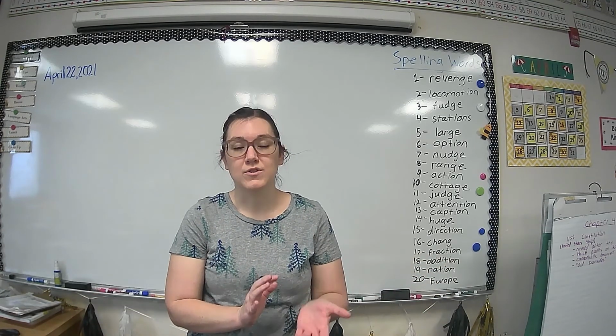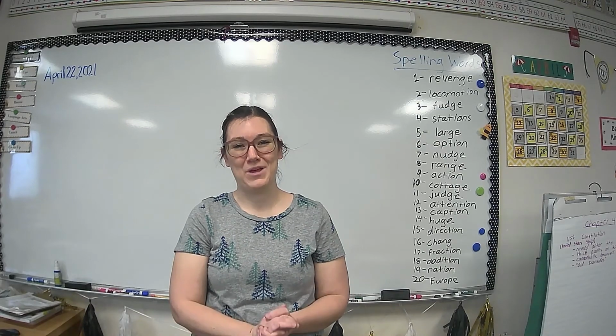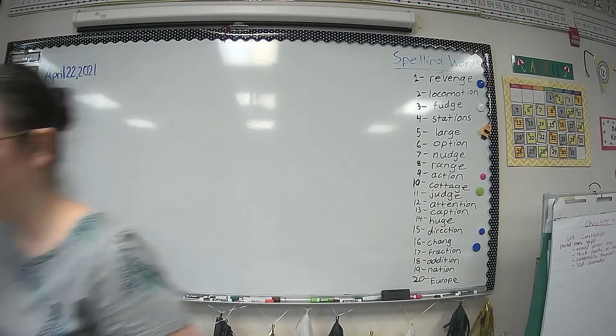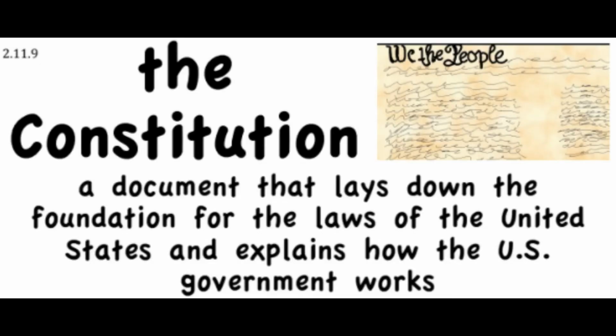Before we get into our story today, though, we need to go over our vocabulary words. Constitution. The Constitution is the basic plan for the laws and government of a country or other organization. James Madison is often called the father of the Constitution because he wrote the United States Constitution.